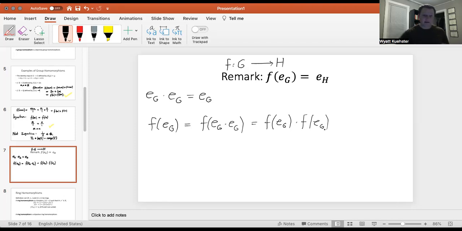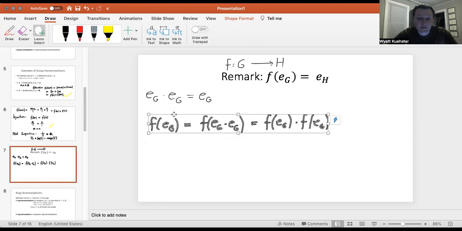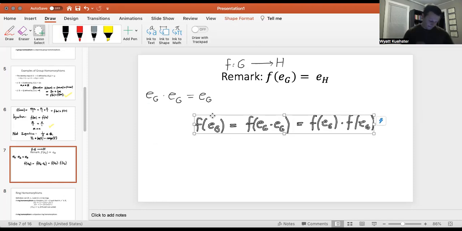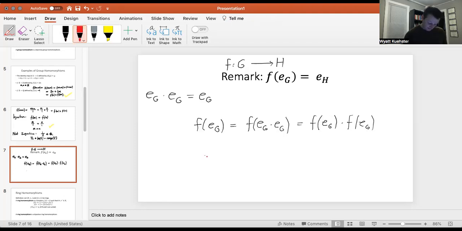But then what if I move this over so that I can write more? Let's multiply on the right by f of e_G inverse, right? Because H is a group and f of e_G is some element of H. We don't know which one, but H is a group, so every element has an inverse.